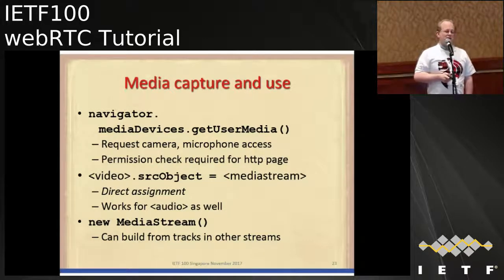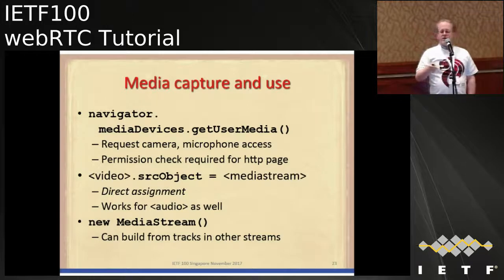Okay, so in a little bit more detail here, navigator.mediaDevices.getUserMedia is how you get access to cameras and microphones. And there is the permissions check. Now, once you have that media, there's a new method that was added to video and audio elements. This is interesting. We actually had to add this ourselves in the WebRTC specifications initially, but it then was moved into HTML itself.